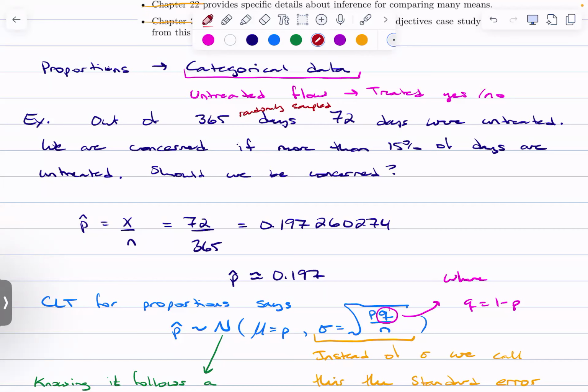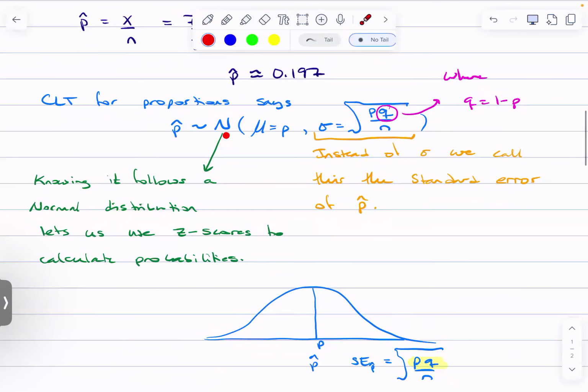Could have been 300 or something, but we'll keep it where it was. And so to get this normal distribution, one of the things that we need to ensure is that we have independent observations. Otherwise, it's not going to follow a normal distribution.